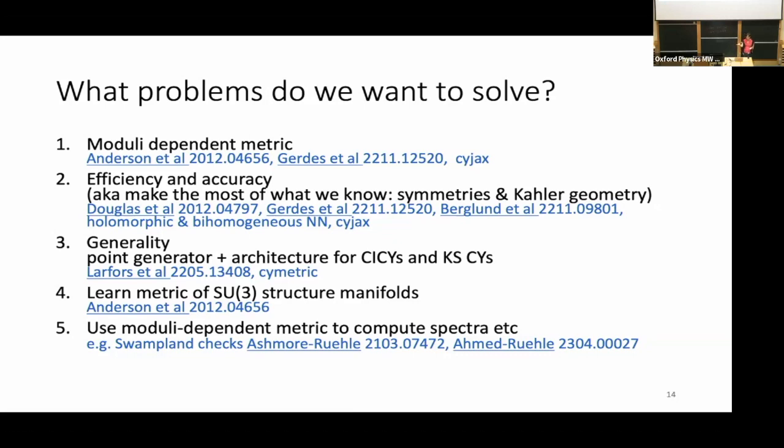But this just means that you have computed the metric for these regions in moduli space, either a point or some region. It doesn't tell you that this is where you will end up, or that this is a stable region or anything. It's just saying, okay, you've chosen these parameters, and here is the metric.